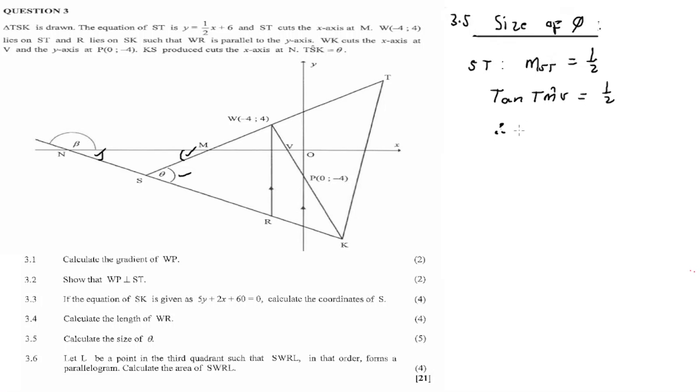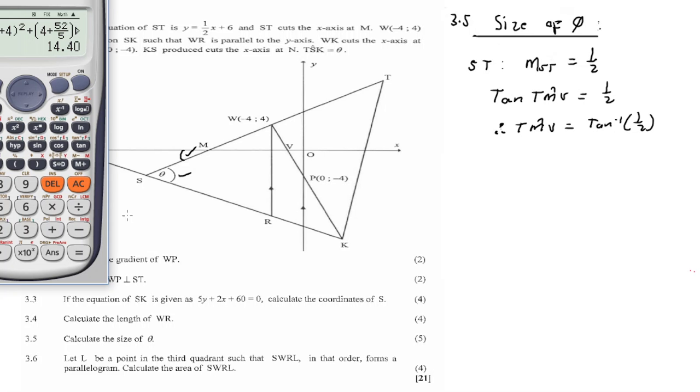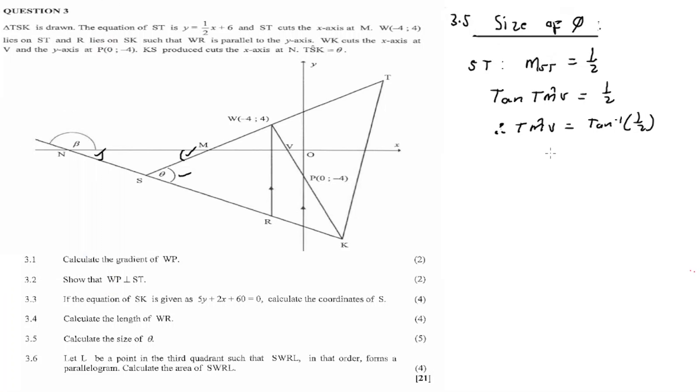Therefore TMV is equal to arctan, second function tan, of 1 over 2. Let's see: shift tan 0.5, which is the same as 1 over 2, in 2 decimal places is 26.57 degrees.